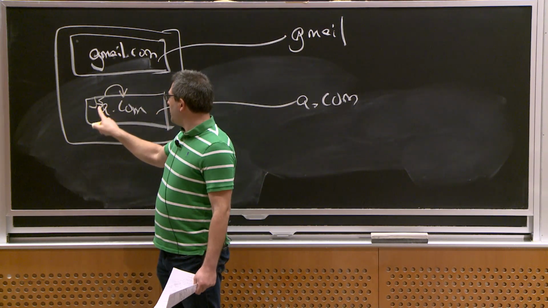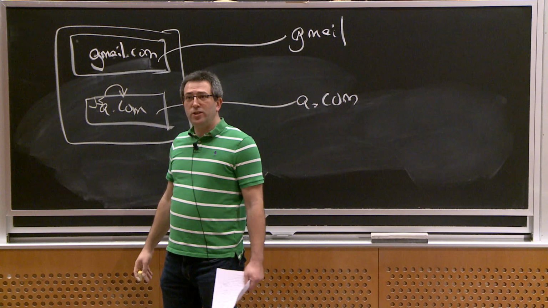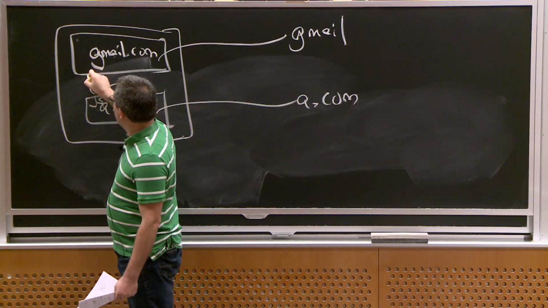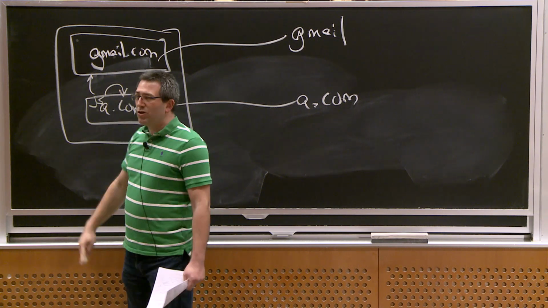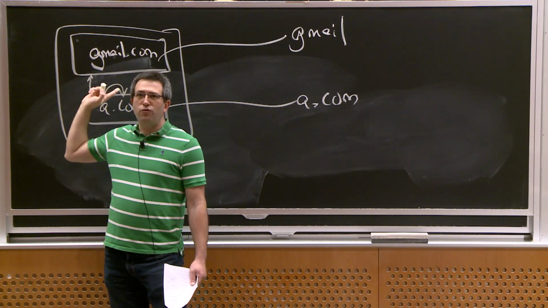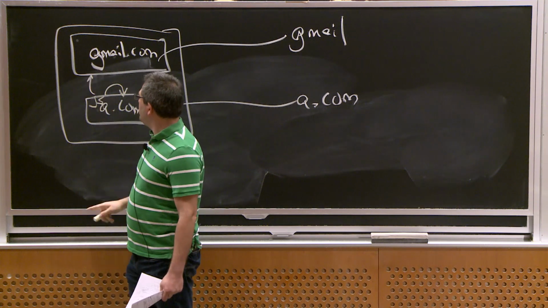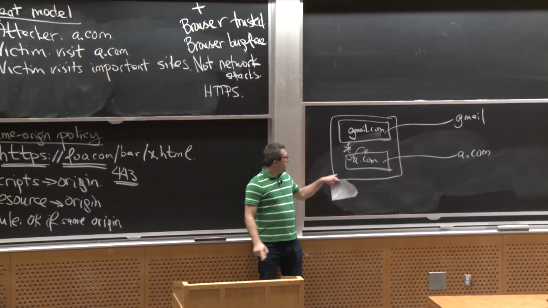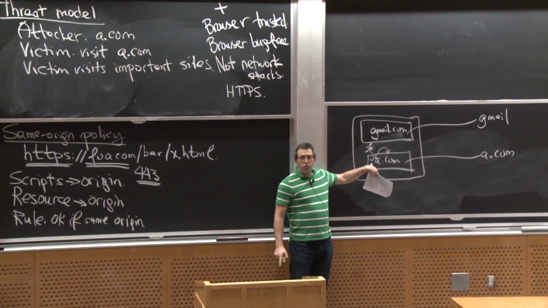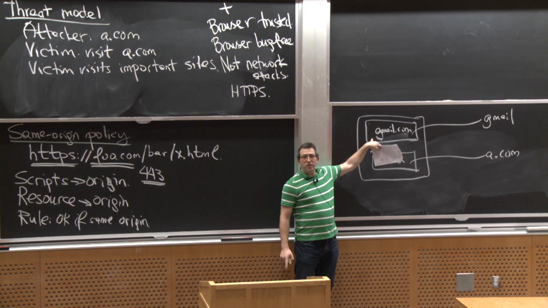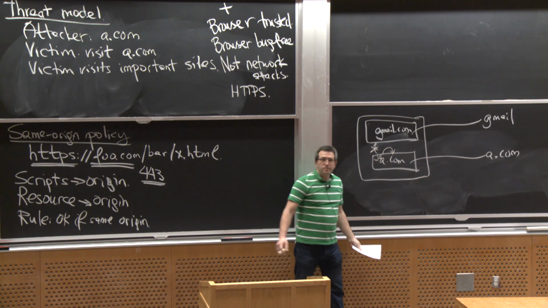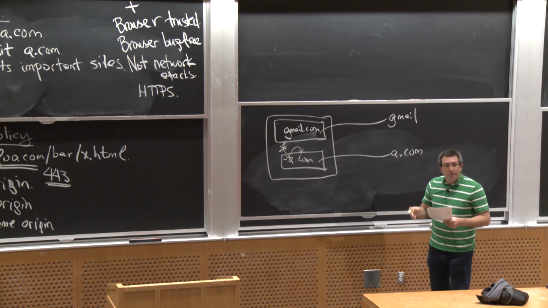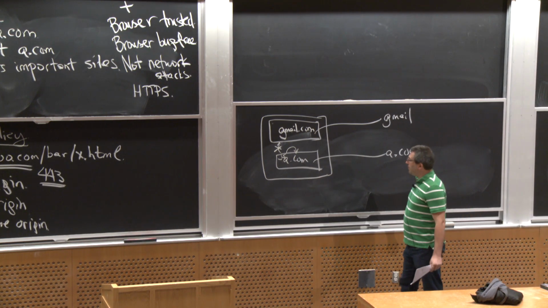But if this JavaScript code tries to somehow get a handle on the Gmail page and either inject stuff, modify it, or view what's being shown in the Gmail page, that's going to be prohibited by this rule, because the script is from a.com, and the resource is the gmail.com window. Not allowed. So it's seemingly having the right effect for us. We're able to prevent bad things from happening.